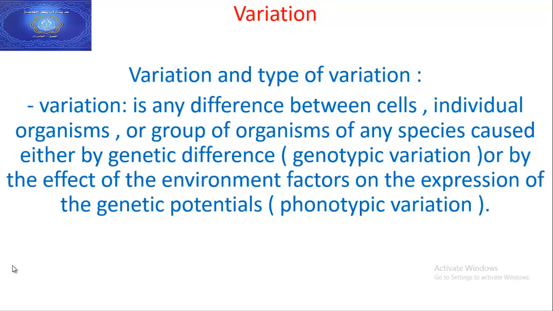As you studied in grade 7, there is variation between humans, between animals, and even all living organisms. As we can see, there are no typical persons or typical animals, even if they are twins. So variation is the difference between cells, individuals, organisms, or groups of organisms of any species that is caused in two ways.